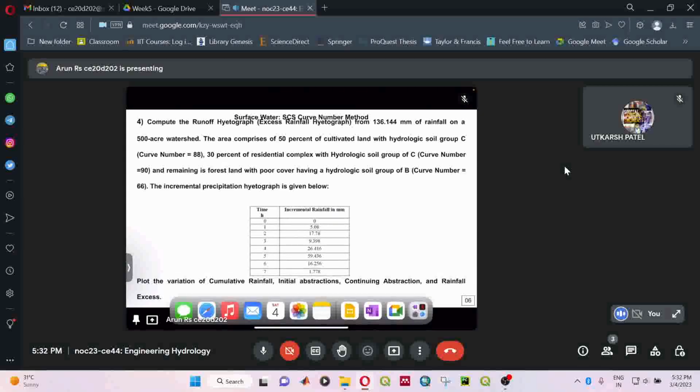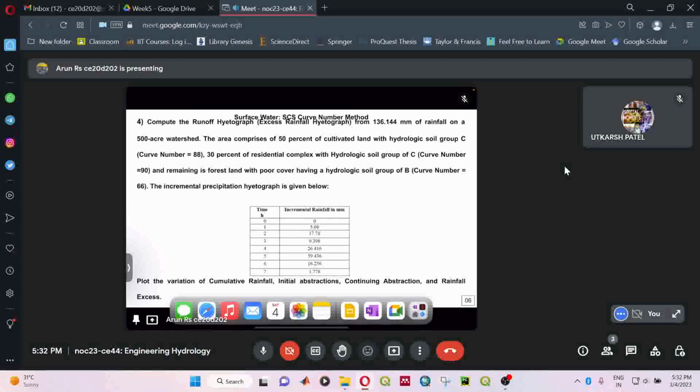So till now curve number was given, but now we need to find it for a watershed. You will have different land use. Some will be forest, some will be water body. Then you will have urban areas. Then you will have agricultural lands. So we need to find a kind of weighted average curve number for the catchment.